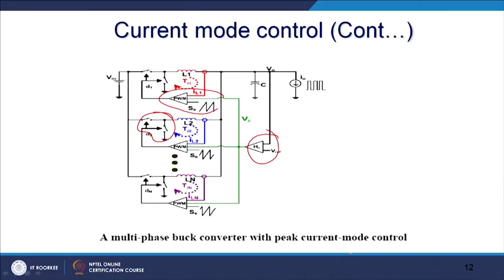If you require to increase the power density of the converter, then generally we use this kind of concept called the multi-phase buck converter, where 3 buck converters or multiple buck converters are connected to the same output DC bus voltage and the same input DC bus voltage.